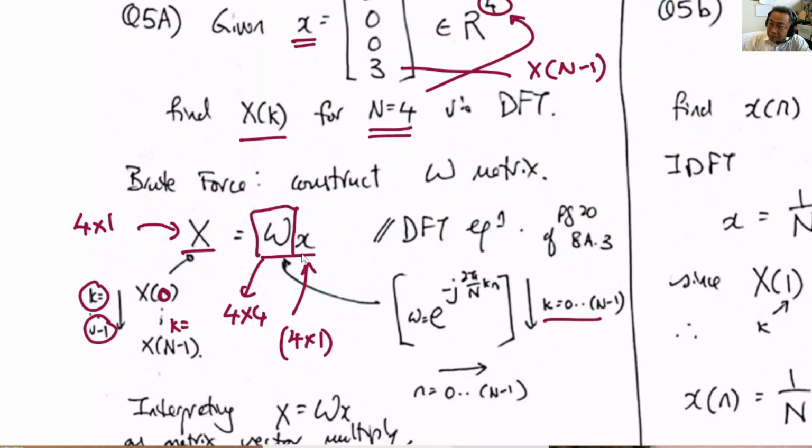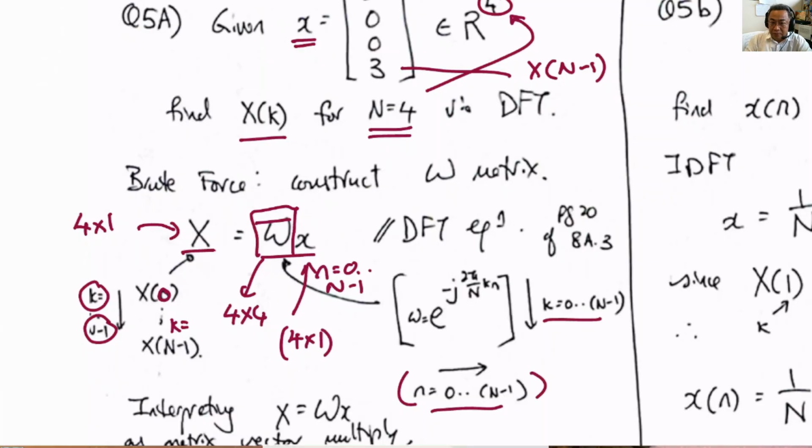What about here? The small x is indexed from small n equals 0 to n minus 1. Therefore, the elements of W in the row must be indexed from n equals 0 to n minus 1.